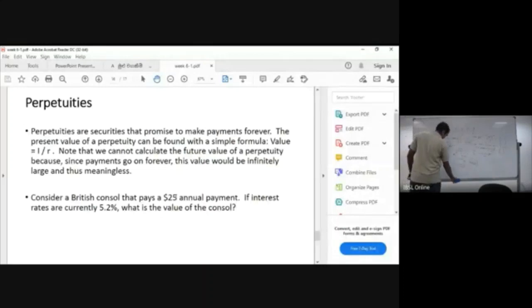Yeah, so that's annuity. The next concept is called perpetuity.